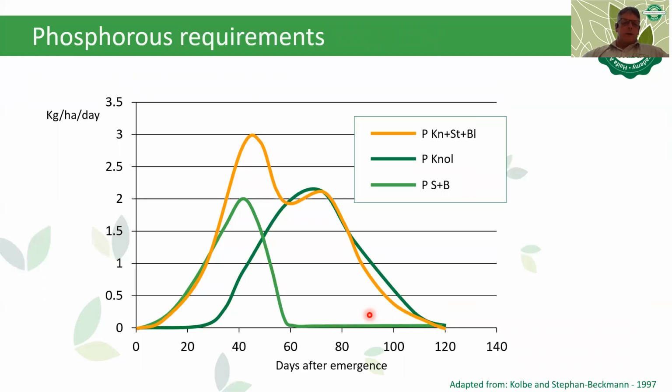Again, if you look at the graph in kilograms per day of actual phosphorus, it's the same color coding. So light green is the leaves and the stems, and the dark green is your tuber. And you can see you need up to 3 kilograms per day in this phase, 40 days after emergence. And then you need to have that release over the period.